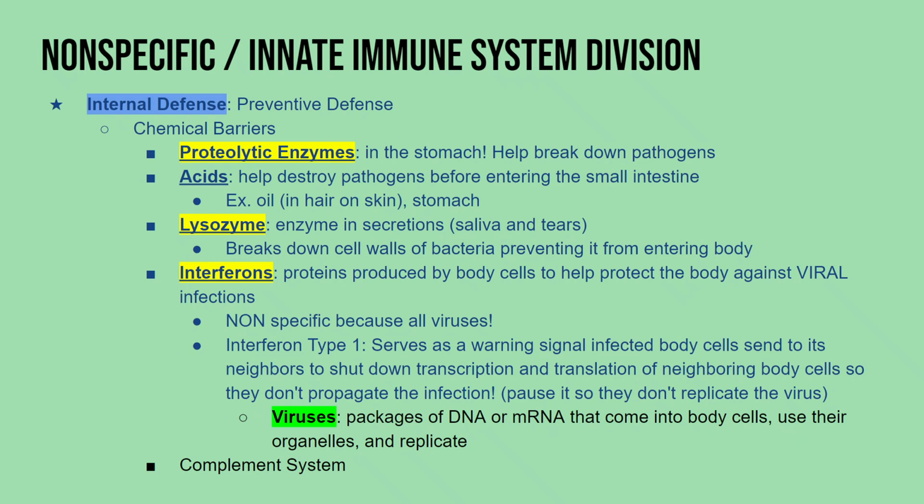Interferons are proteins produced by body cells that help protect the body against all viral infections. Any virus that enters the body, interferons are going to attack. It's not specific because it attacks any virus.